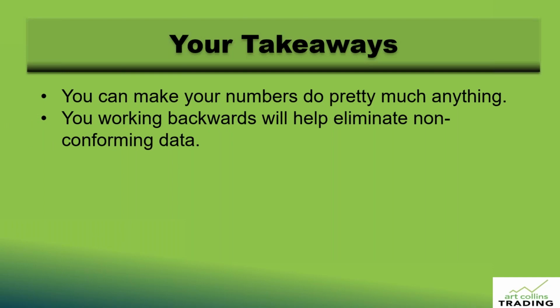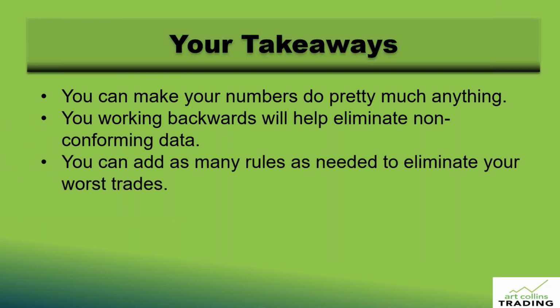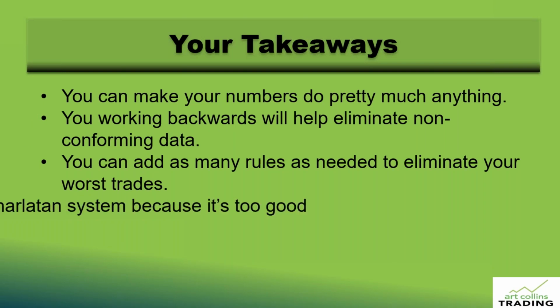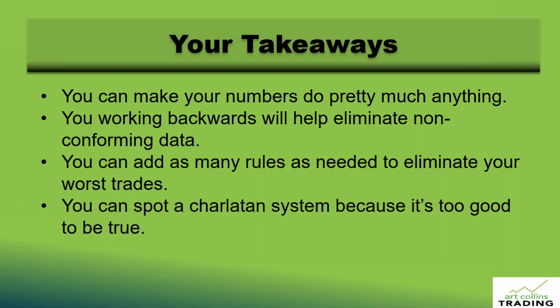By working backwards and eliminating non-conforming data, in other words, losing trades, you can make your numbers better. You add as many rules as needed to eliminate your worst trades. And you should be able to spot a charlatan system using that old adage, if it's too good to be true, it probably is. Okay?